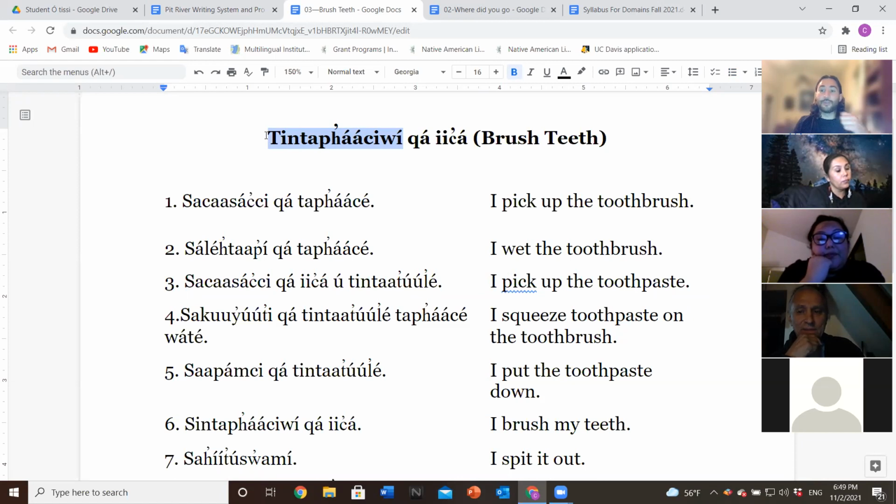It's like I'm brushing with a tool around the teeth. So this word has a whole bunch of meaning packed into it. That's why some of our words are longer, because they have extra stuff that's not just a direct translation of English.